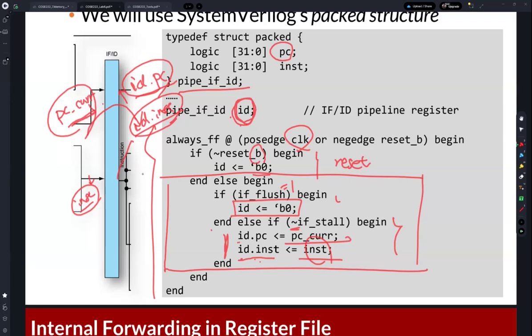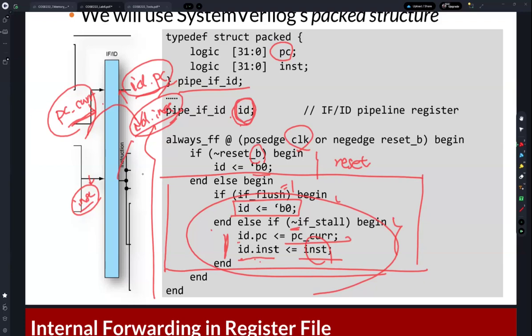When we learned about the pipeline architecture, I frequently mentioned that this instruction was in some stage, and then this instruction is propagated to the next stage on the rising edge of the clock. So this just describes the behavior of signal propagation to the next stage.